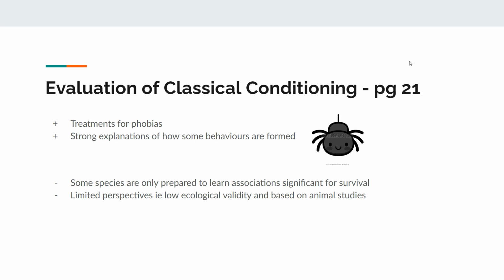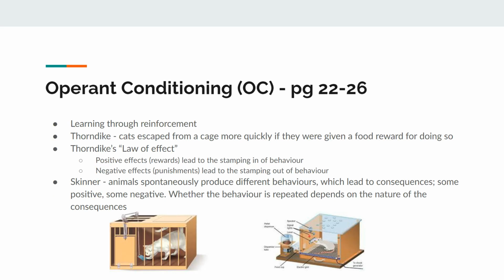Okay, so that's the evaluation of classical conditioning. We move on now to look at operant conditioning, on page 22. As we said right at the beginning, operant conditioning is based on the principle of learning through reinforcement. Now, there are 2 researchers here that you need to really know about. First of all, Thorndike, who found that cats escaped from a cage much more quickly if they were given a food reward for doing so.